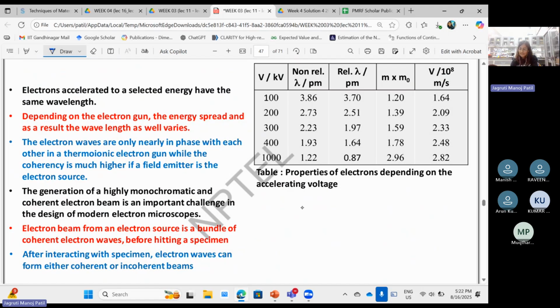So we cannot always say that if you have a coherent beam that's passing from the gun, this beam, when it hits the specimen, we cannot always say that the beam that we get over here is coherent. It can also be incoherent because we don't know how our specimen will react to it, how it will knock off the electrons from it.